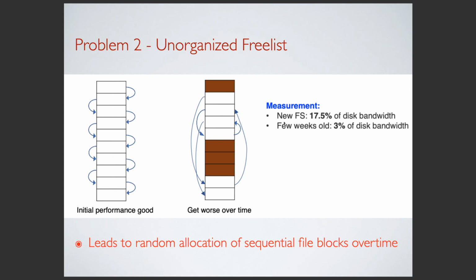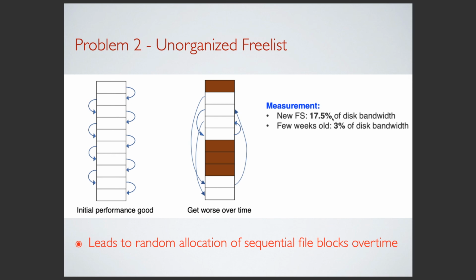And they measured that when you have a new file system, they measured the performance and realized that they can use up to 17% of the disk bandwidth, but then over time it degrades to 3% of this bandwidth.